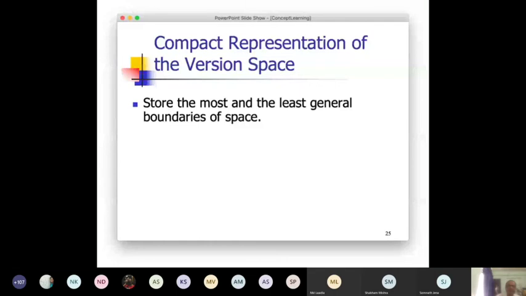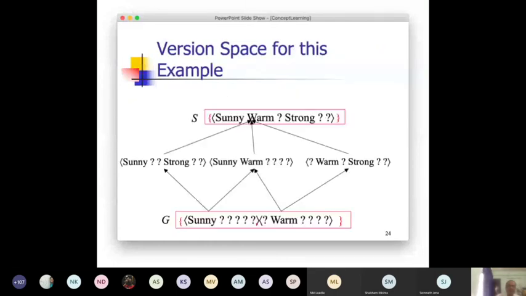We will find out later that with respect to this set of training examples, this is the version space. But what is the most compact form? If I give you S and G, that is sufficient. These two sets are sufficient to enumerate all other hypotheses.